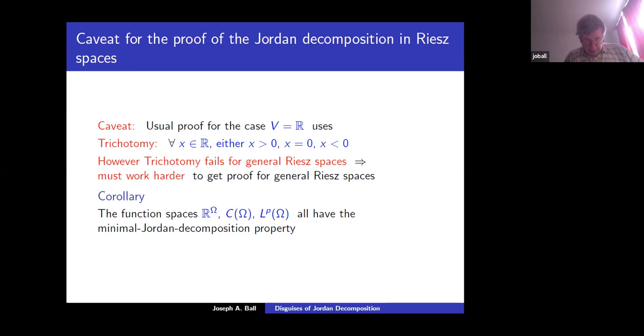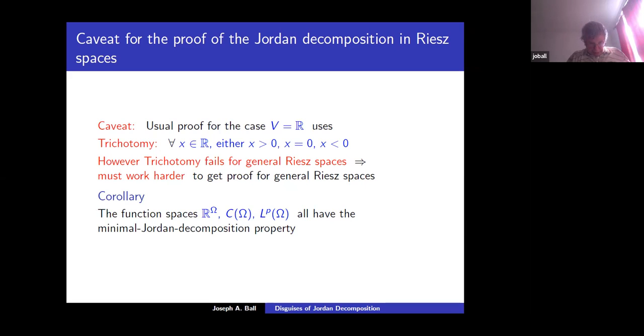The proof is elementary, but if you're just coming out of advanced calculus and you're working with V equal to the real numbers, you get to use trichotomy. Any element of the space is either bigger than 0, equal to 0, or less than 0. Here you don't have that, so you have to work a little harder, and you still get this x plus and x minus difference decomposition.